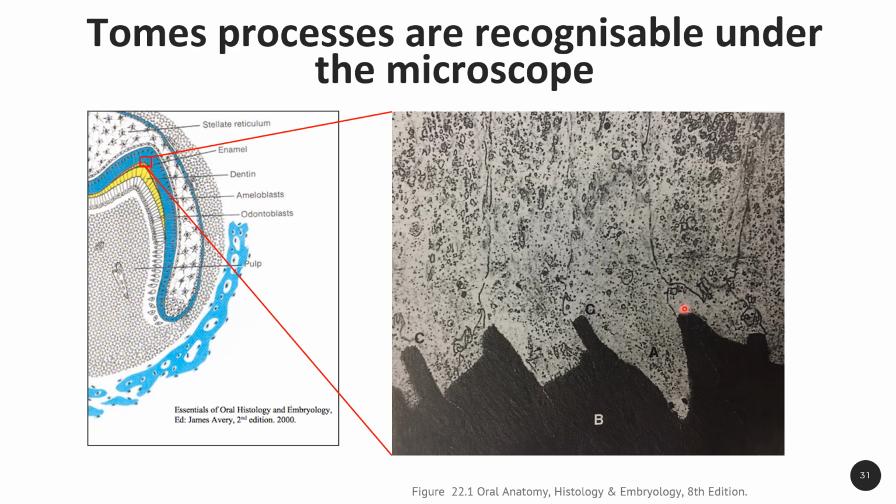And you can quite clearly see this is the line between the cells, cell number 1, here's another cell, cell number 2, here's another one, number 3, and you can quite clearly see these triangular Tomes processes, which would be responsible for secreting the precursors of enamel, which fill in the tubes which are made by the initial secretion from between the Tomes processes. I hope this is clear to you.